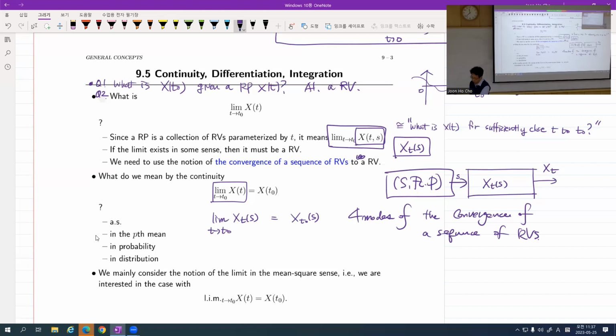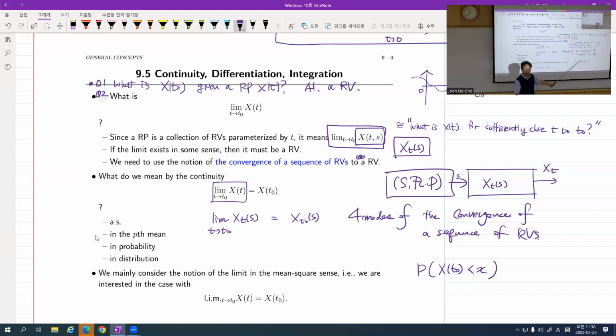So given a random process X, you want to find the probability of the event that X of t0 is less than x. That is simply the first-order CDF of the random process X at t0. However, in some cases this cannot be obtained directly.